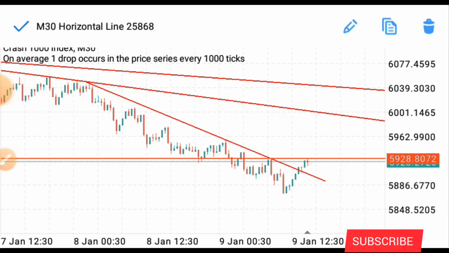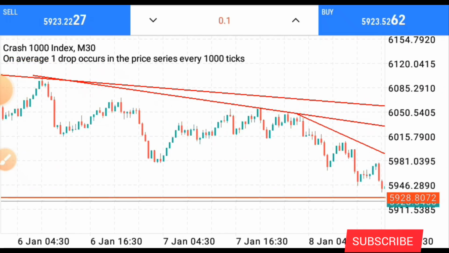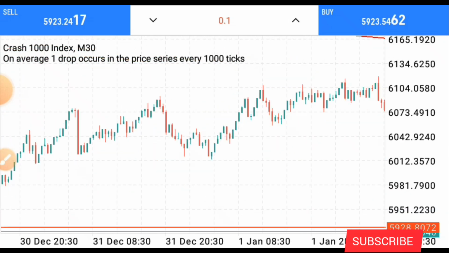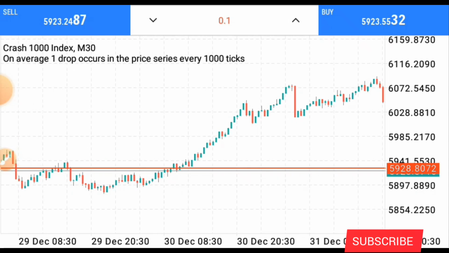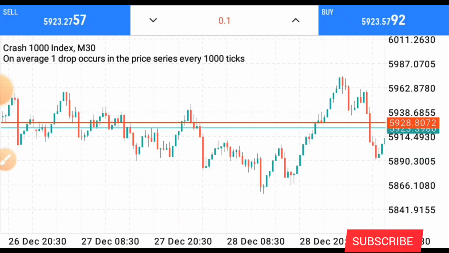So after marking your support and resistance zone, putting your support and resistance line, you try to confirm if it's a strong support and resistance zone. Check if it has been tested multiple times in the past.